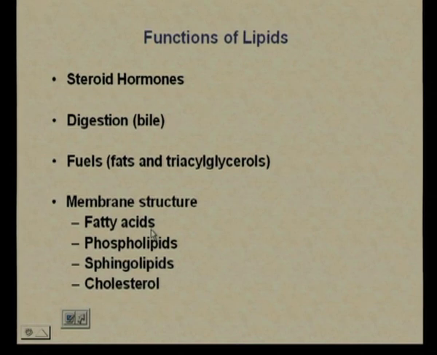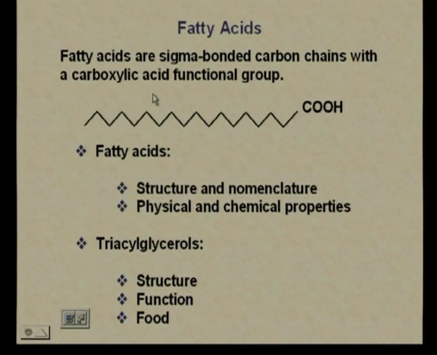Now, what we mean by a fatty acid is a long chain acid. In the organic carboxylic group that we speak about, we speak of a C double bond O, OH being the acid moiety. Now, what we have here is a long chain hydrocarbon with a COOH attached to it. Okay?